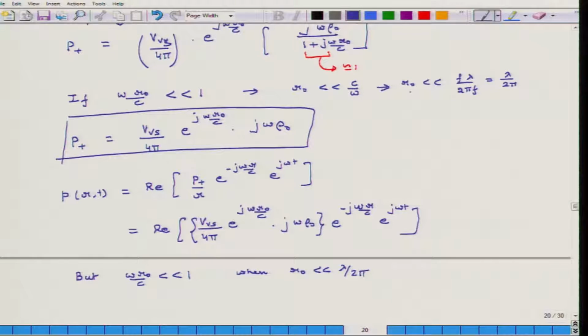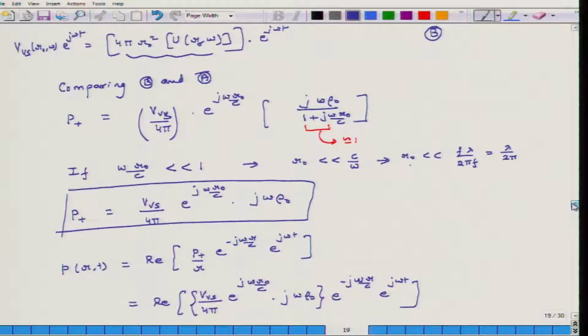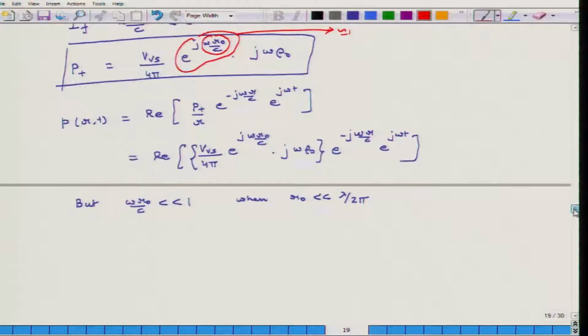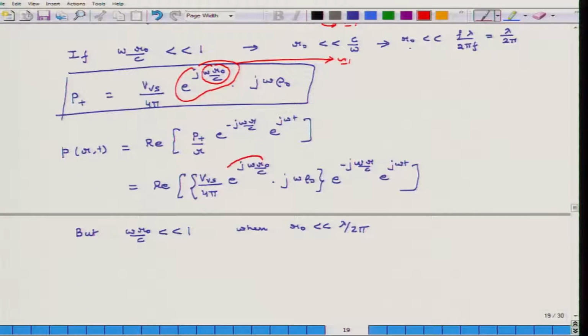Now, because of this assumption, we had made one simplification which was here, but we could have made one more simplification, that when omega r naught over c is very small, then this entire term also approximates to 1.